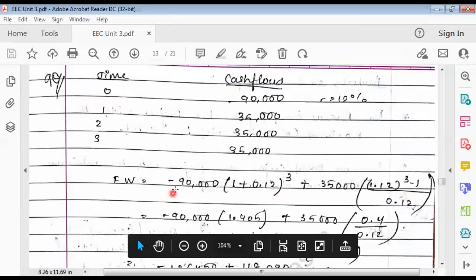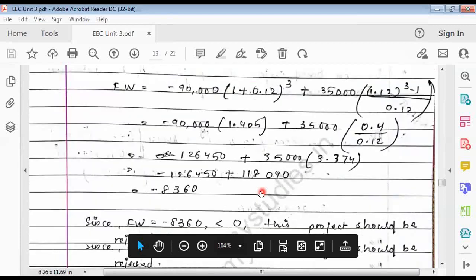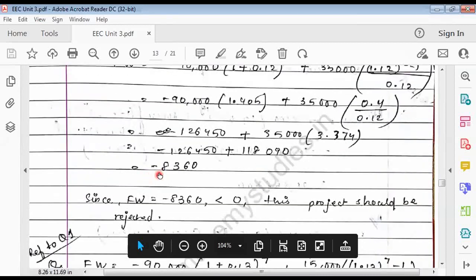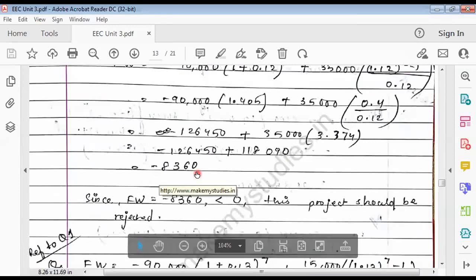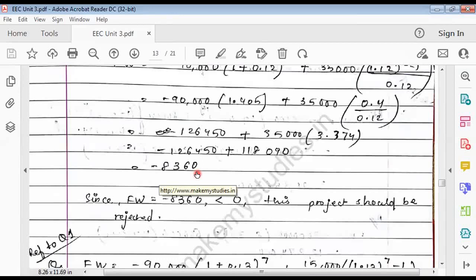And for 90,000, since it is still a single amount, the first formula has been used, that is (1 plus r) to the power t. Looking at the value, you find it to be negative, minus 8360, and as per the decision rule, you should reject this project because the FW has a negative value.